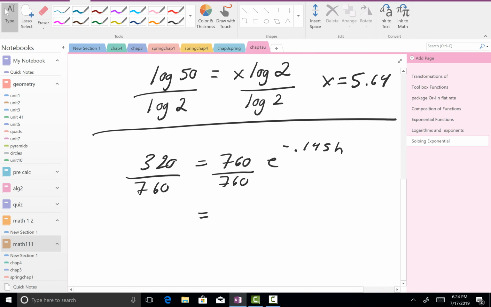We could use the log of both sides, but really it's easier to do this first. So let's see. This is 0.42. I'm not sure of the 0.45, but I think that's what it was.